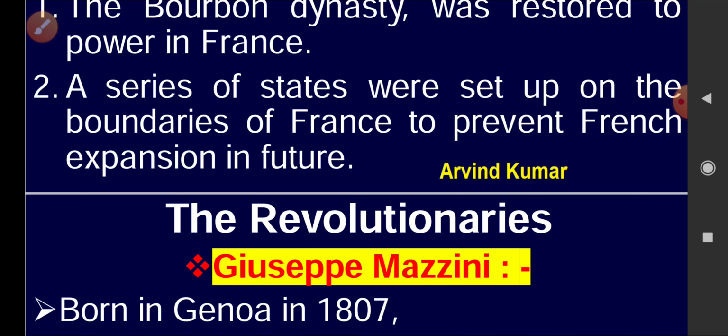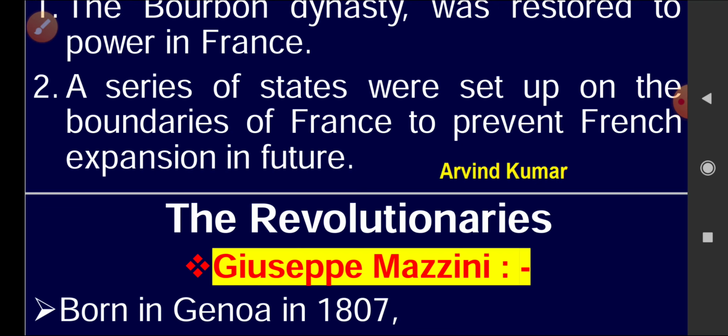Austria was given the control of northern Italy, and the German confederation, the German states, which were 39, that had been set up by Napoleon, remained untouched. They were not touched by this Vienna Congress.